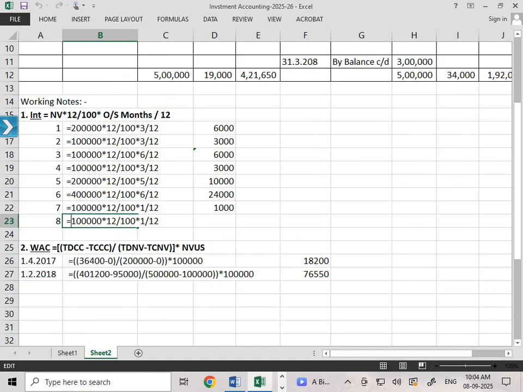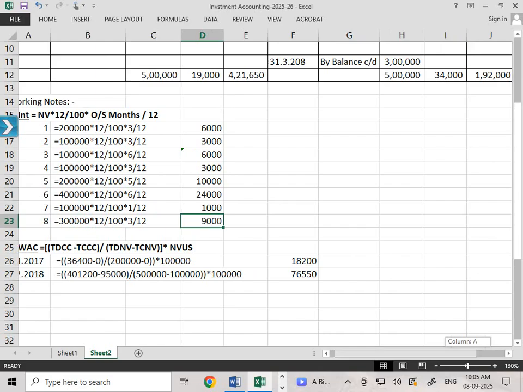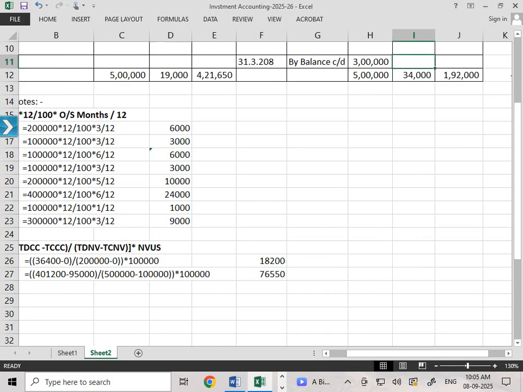So on 3 lakh we have to calculate interest at 12% for how many months? From the last due date, December: January, February and March. 3 months. So how much does it come to for 3 months? 9,000. So outstanding interest you have to carry forward for the year is 9,000.